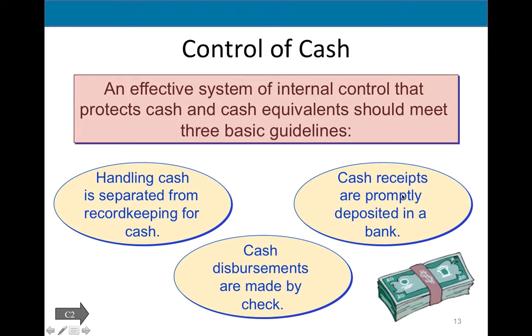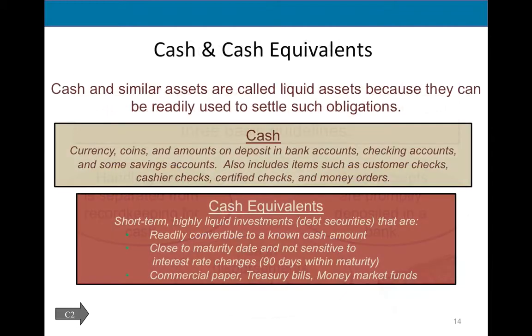Cash receipts have to be deposited to the bank right away, as soon as possible, and cash disbursements should not be made by cash, with the exception of the petty cash fund. They should be made by check, because checks are harder to forge, and also, we can require more than one person to sign the checks.